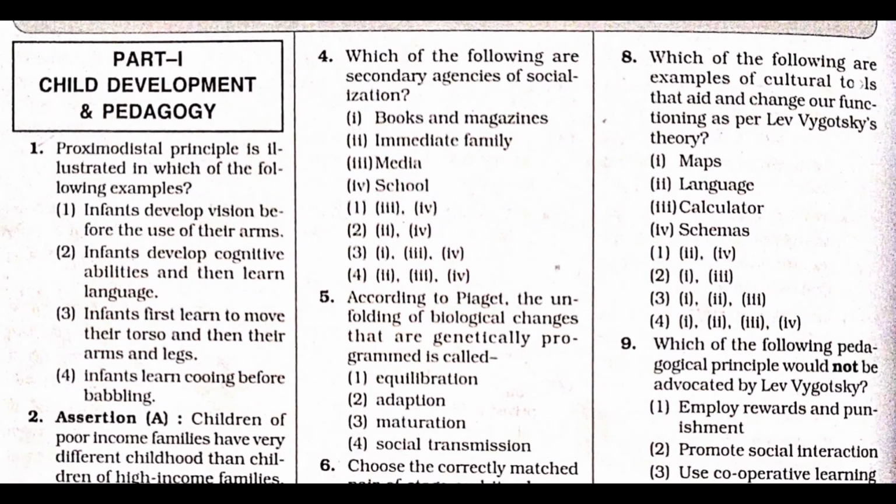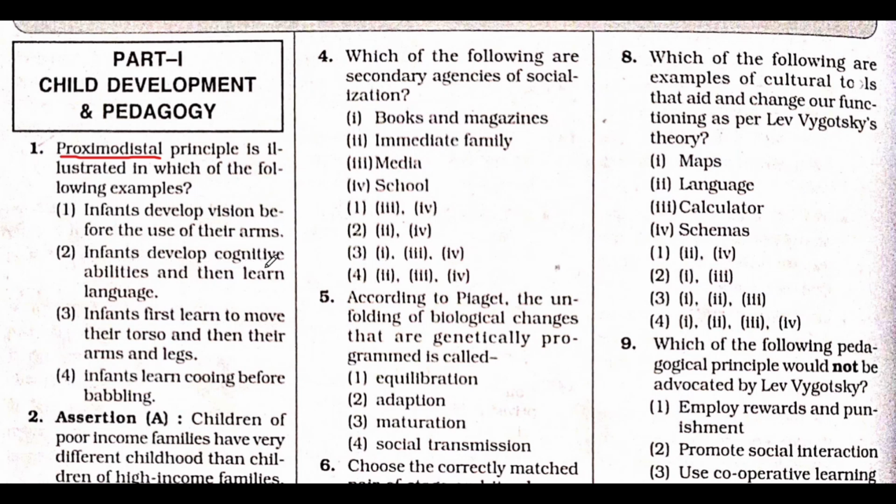Question number 1, what does it say? Proximo-distal principle is illustrated in which of the following examples? I hope you remember what we mean by proximo-distal. Number 1, infants develop vision before the use of their arms.